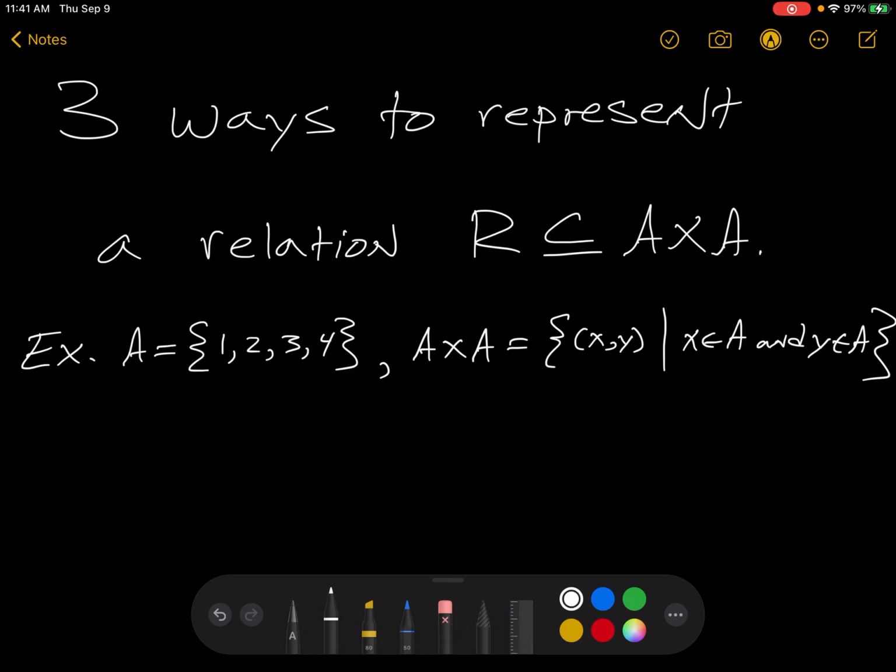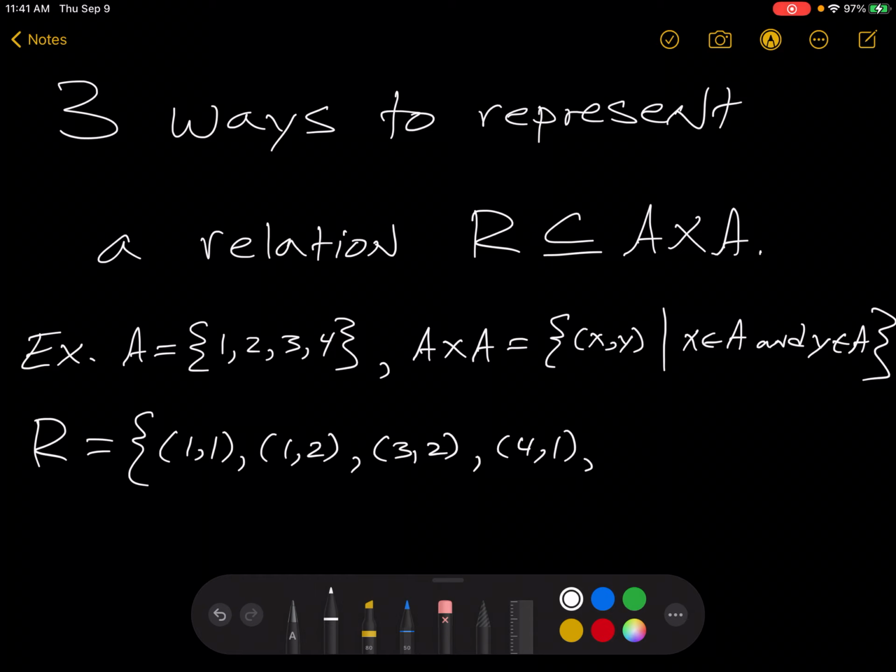Now let's say that we're given this relation R, which is a set of ordered pairs, (1, 1), (1, 2), (3, 2), (4, 1), (4, 2), (4, 3).